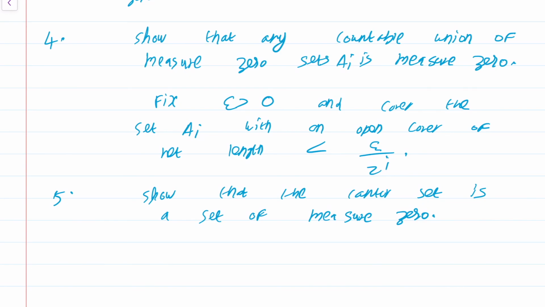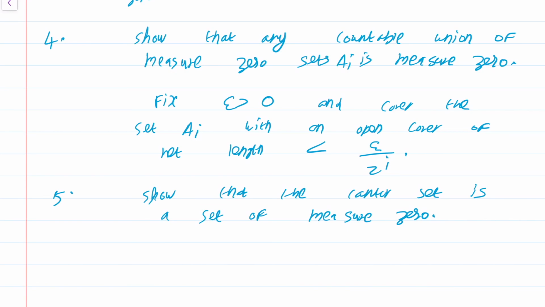You have sets like the Cantor set which are also sets of measure 0. In this regard of the Cantor set, there's something interesting that's happening. We already saw that the net length of the intervals that were removed from [0, 1] is 1, right? We already saw that, so it is sort of expected that the Cantor set will be a set of measure 0.